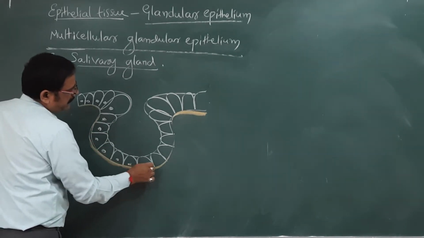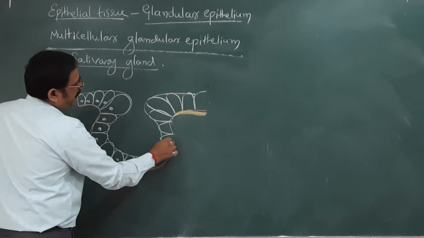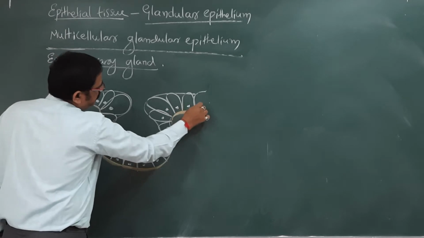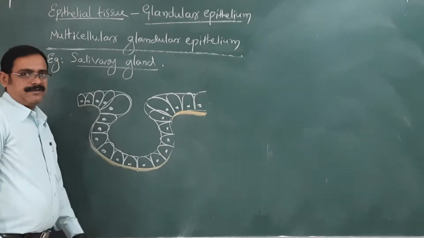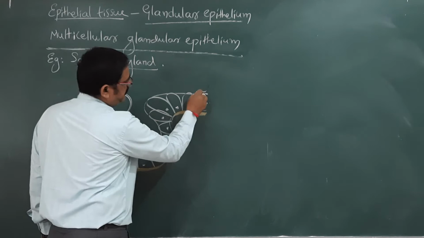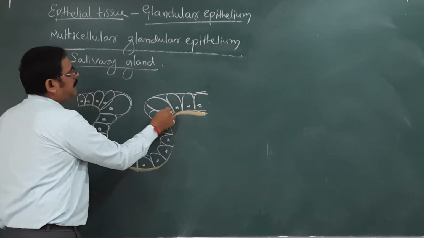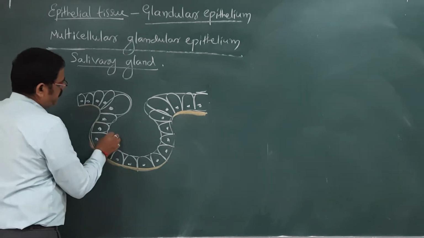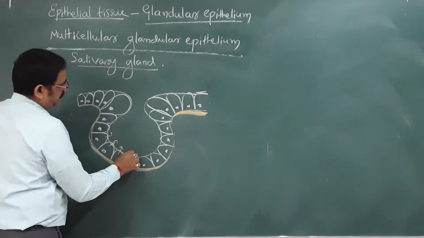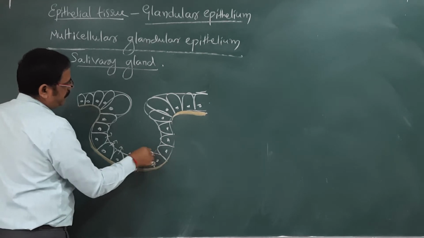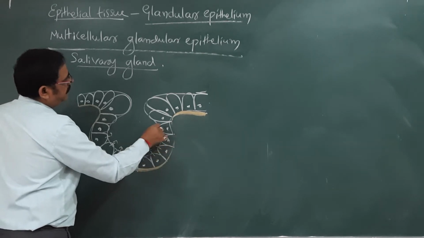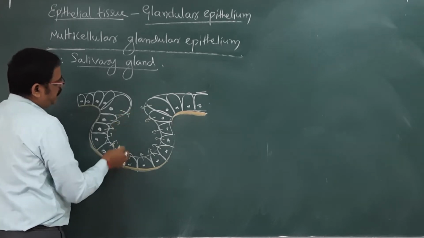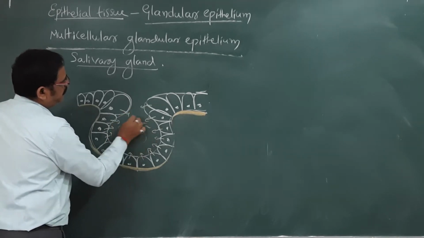Non-nucleated cells may not be alive, or they are just a carrier. Non-nucleated cells can still be very active in certain functions. You need to understand RBC: RBC have no nucleus, but here all these cells have a nucleus. And what they do is release their secretion into this common opening here, where it is all deposited.